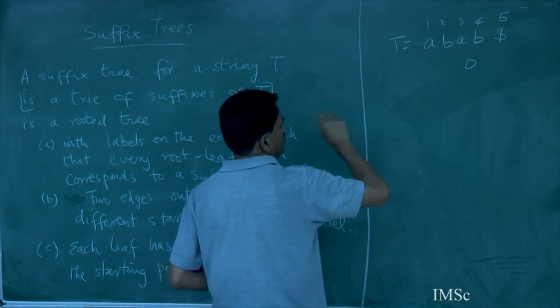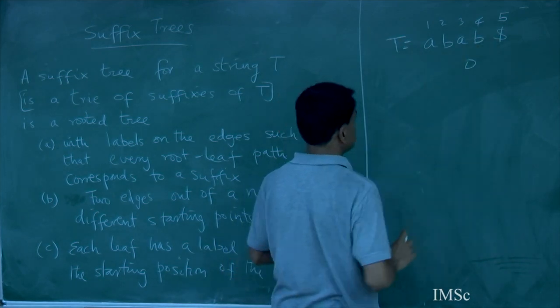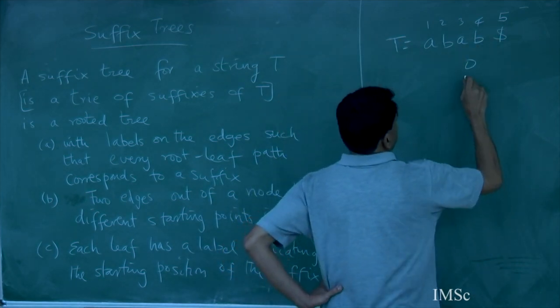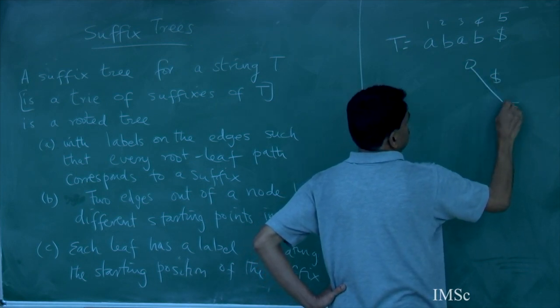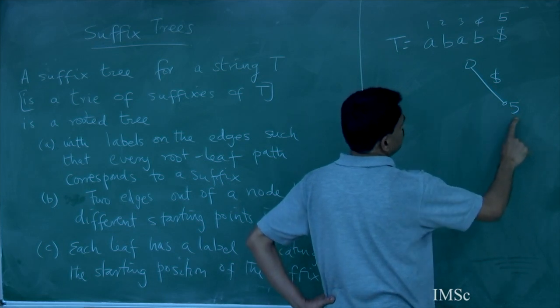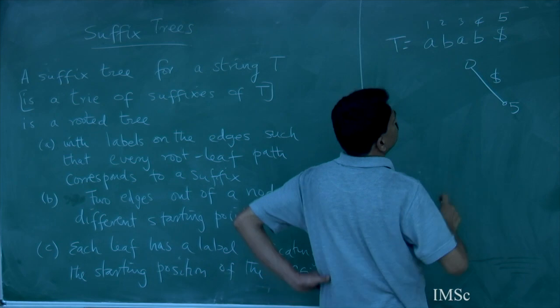So, hereafter my suffix tree is going to be for this given string followed by some dummy character. So, the leaf has a label 5 indicating that this is a suffix starting at position 5.